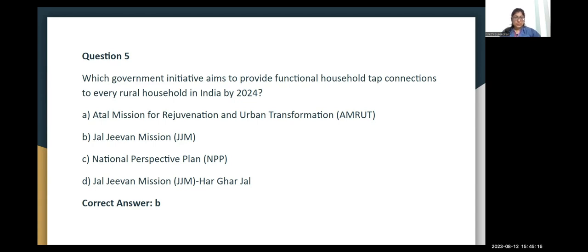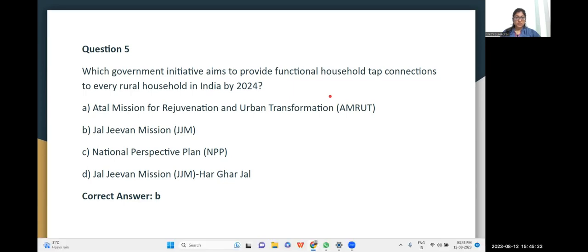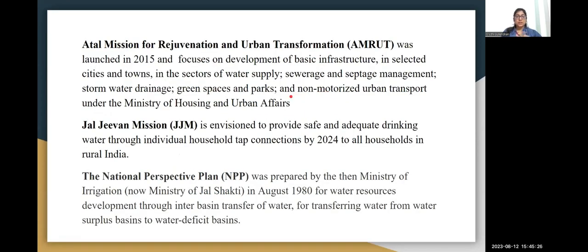So let's briefly see what these schemes are. The Atal Mission for Rejuvenation and Urban Transformation, also shortly called the Amrut scheme, was launched in 2015, and it is focusing on giving basic infrastructure for around 500 towns and cities in terms of water supply, sanitation, providing water in public areas and recreational areas, and non-motorized urban transport.